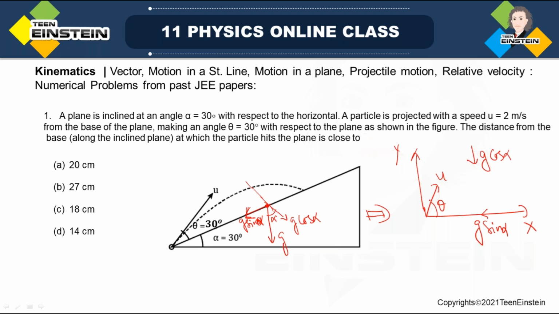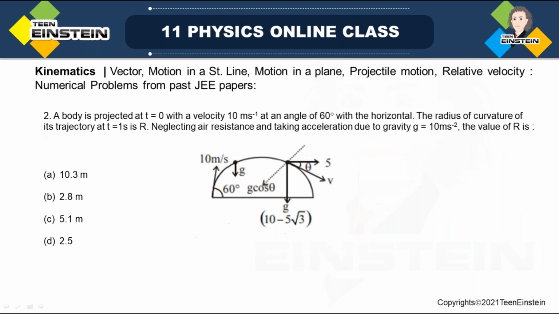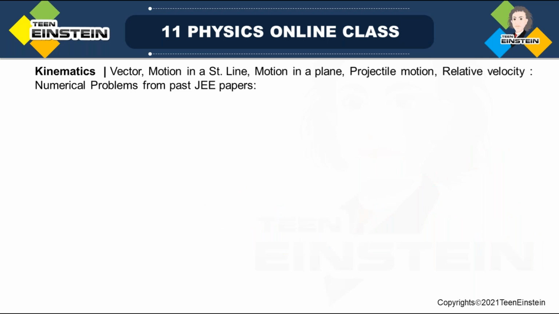We'll just try to solve this problem. Let me go to an empty page. Here I have some good space. Let me redraw the figure. Now you have u cos theta in this direction.